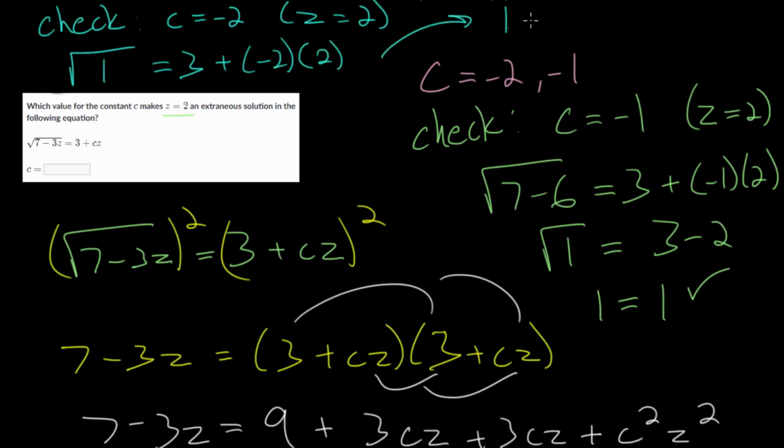And we get that 1 is equal to 3 minus 4, but 3 minus 4 we know is -1. And 1 is not equal to -1. So when c is equal to -2, we end up with a solution that doesn't make sense. And so -2 is our extraneous solution. It's the solution for when we're looking at the opposite of the square root of 7 minus 3z equals this right-hand side.